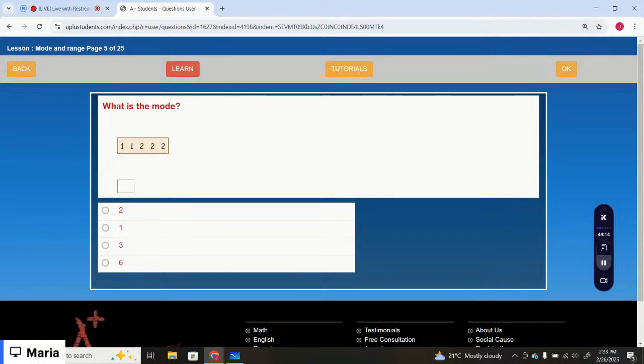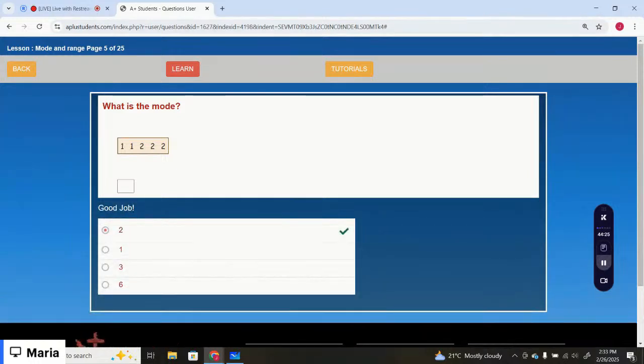What is the mode? The mode is 2. 2 is the number that appears the most, so that is 2.